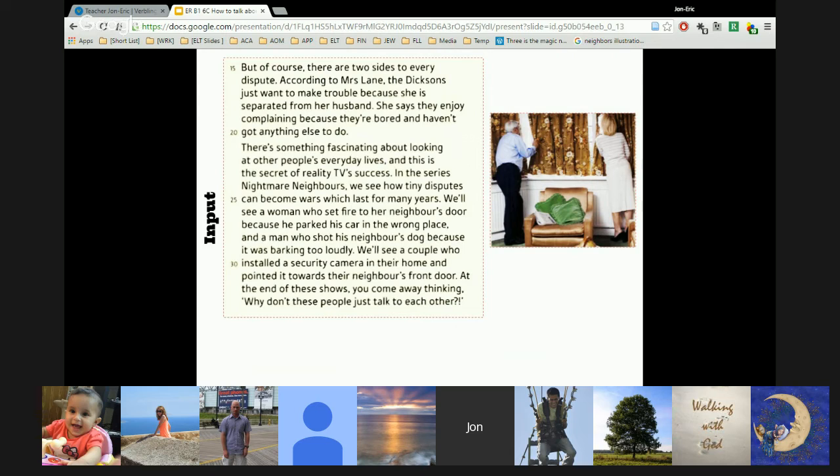In the series Nightmare Neighbors, we see how tiny disputes can become wars which last for many years. We'll see a woman who set fire to her neighbor's door because he parked his car in the wrong place. Wow, that sounds like a great show. Mr. Jose, can you take it from the middle to the bottom, please?